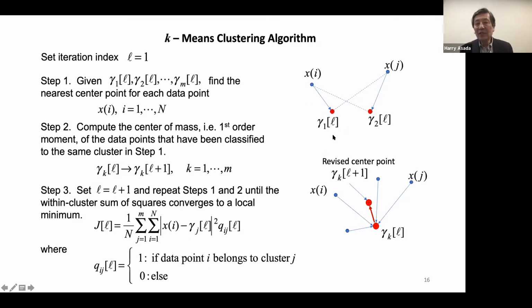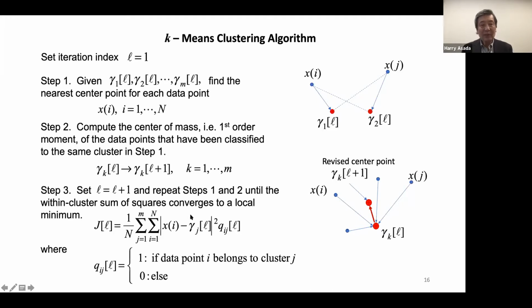Then, as you collect all the points belonging to each center point, you recompute the center coordinates themselves. We repeat that until the total metric reaches a local minimum at least.